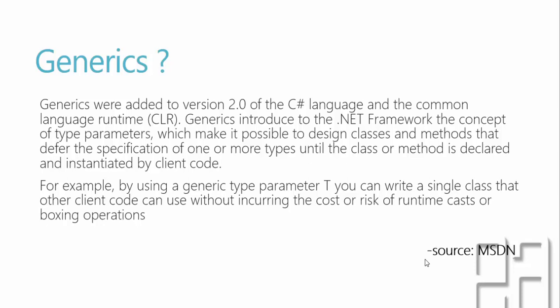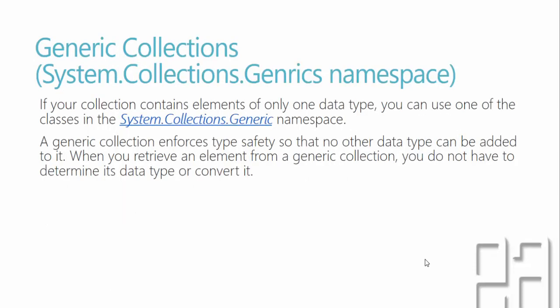Let's flip to our collections. Generic collections are available in what is called the System.Collections.Generic namespace, and you can see that there is "Generic" in the suffix of the collection, because it is a generic collection. If your collection contains elements of only one data type, you can use one of the classes in the System.Collections.Generic namespace to perform the operation.